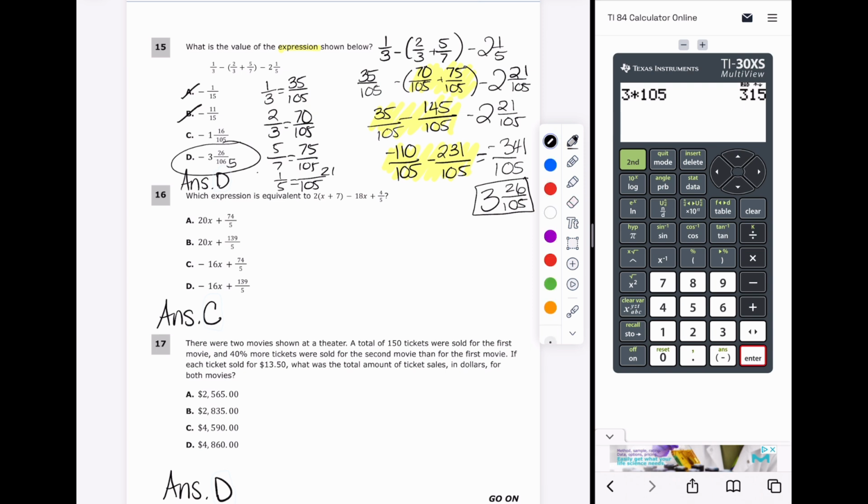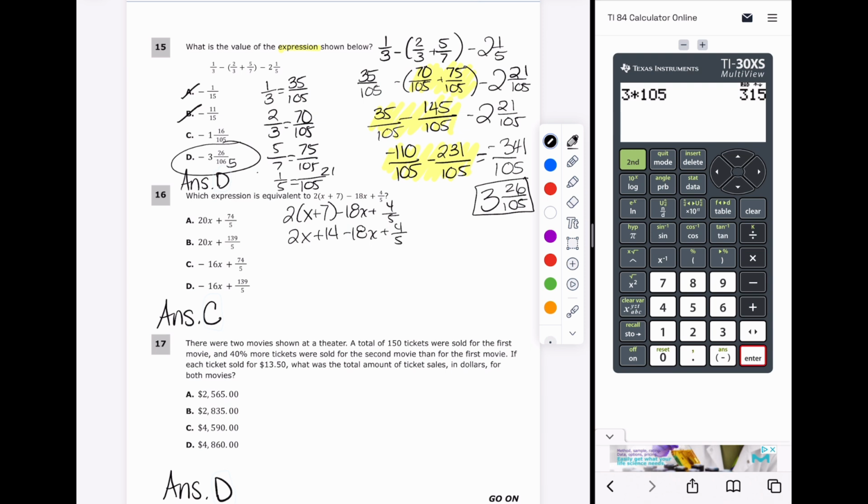Which expression is equivalent? So it's another one with this long term. Let's just start typing it in. All right, and I'm going to start by distributing first. So I have 2x plus 14. Awesome.